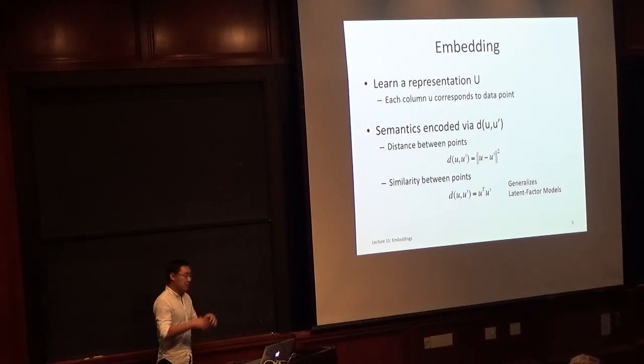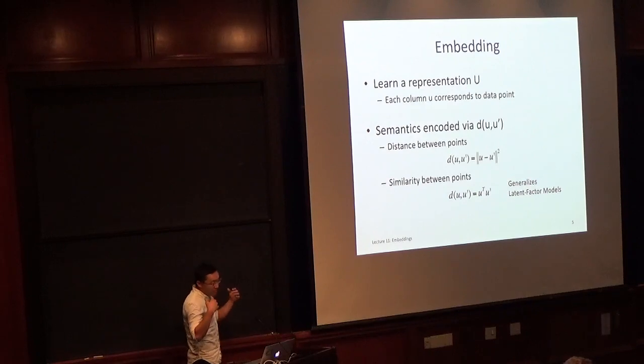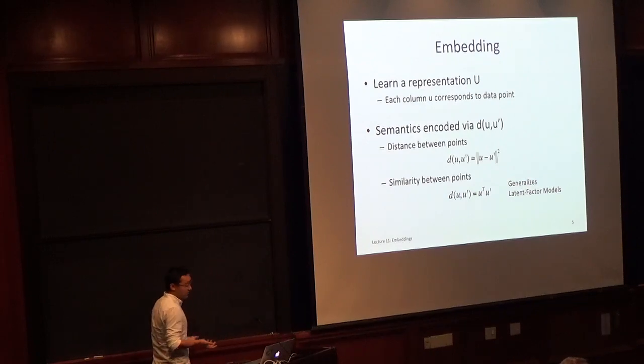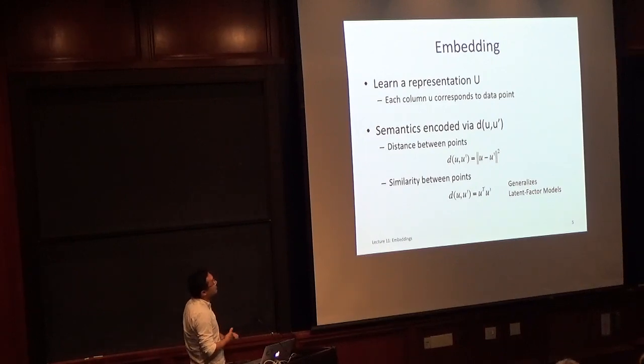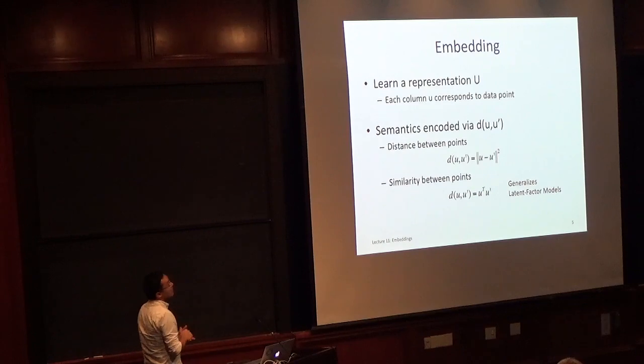So in embedding, again, we're doing representation learning. We're going to learn a representation over data points. At this level of abstraction, it's just like a latent factor model. In the simplest case, we'll have a matrix, I'll call it U, and every column of U corresponds to the data points.